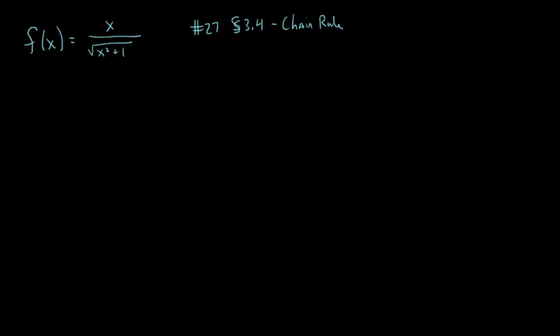So just as a short aside, the square root of x squared plus 1 equals f composed with g of x, where f of x equals the square root of x and g of x equals x squared plus 1. So, yeah, that's right, okay, we're good. That is a composition which is going to require the chain rule.